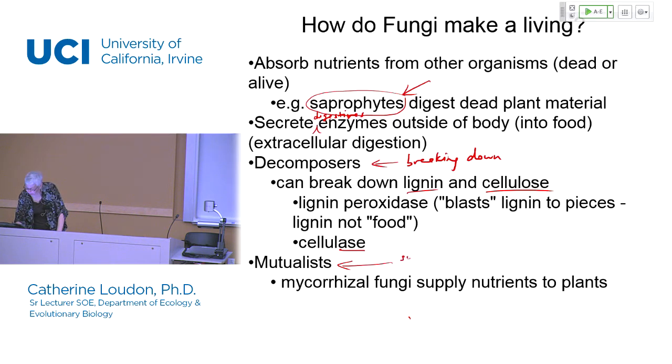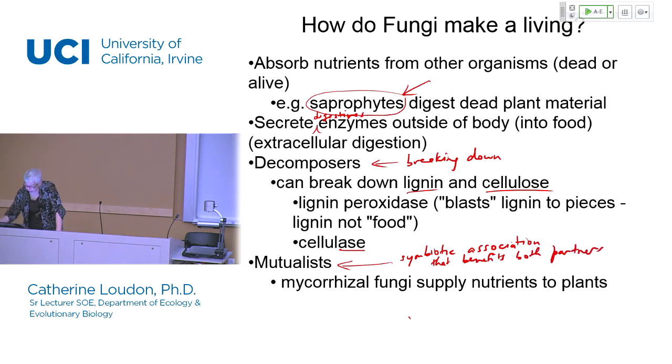The term mutualist specifically refers to a symbiotic association, and we've talked about symbiosis before, right? A very close association between different organisms. So this is specifically a symbiotic association that benefits both partners.